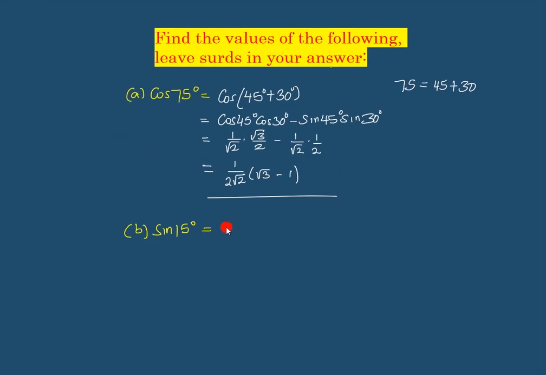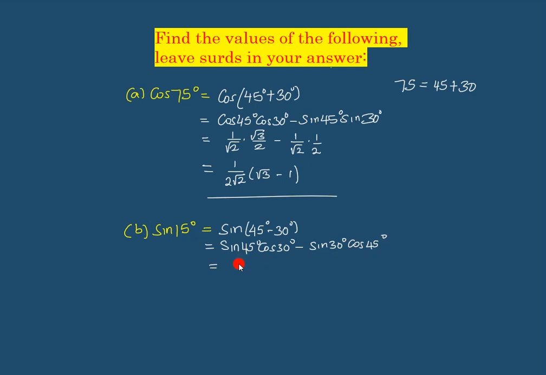We also have the sine of 15 degrees. How can we find the value of sine of 15? We shall write this as sine of 45 degrees minus 30 degrees. This is the same as sine of 45 degrees times the cos of 30 degrees minus sine of 30 degrees times the cosine of 45 degrees.